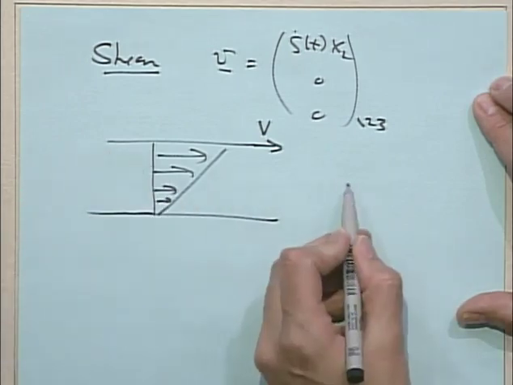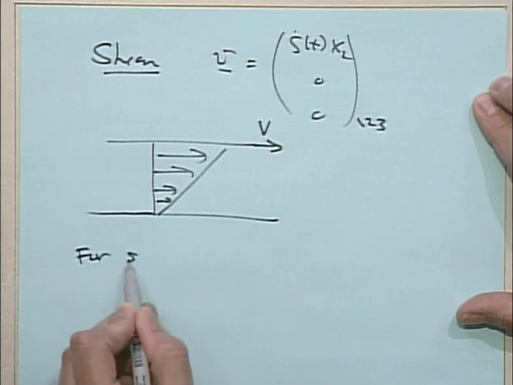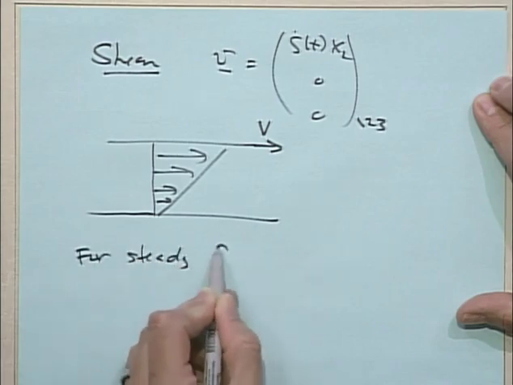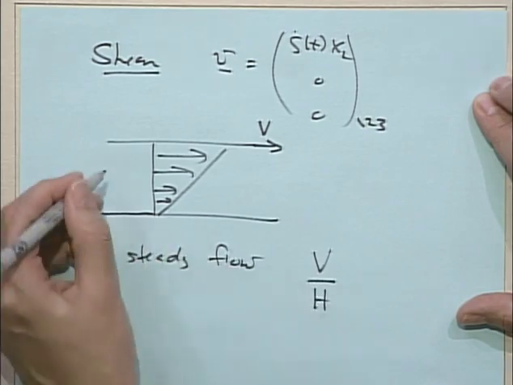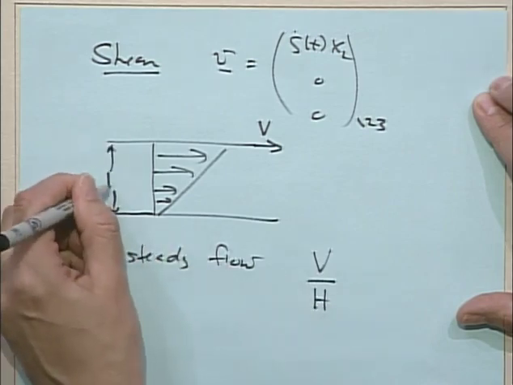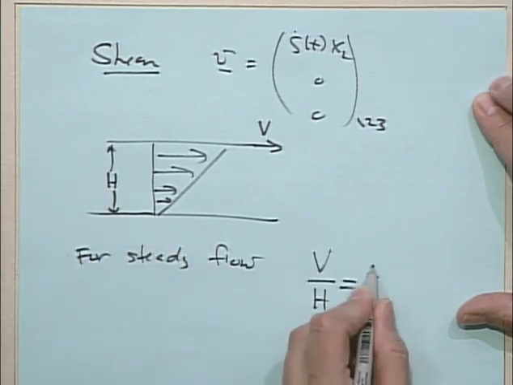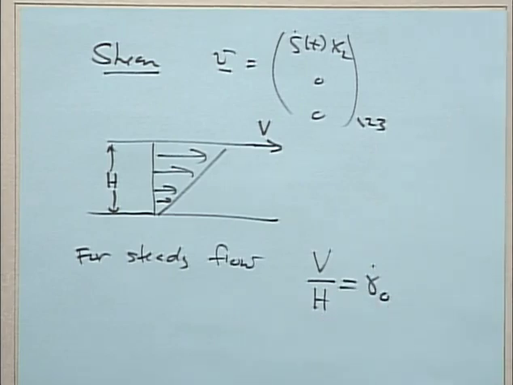And if it's a steady flow, if we move a constant v over the gap h, that's equal to gamma dot naught. And it's a very simple situation. The problem is that it's not that easy mechanically to take a very viscous material, put it between two plates, and move the top plate and figure out what that force is.